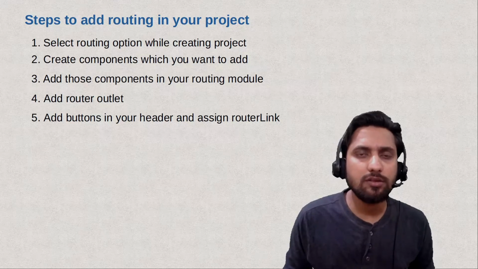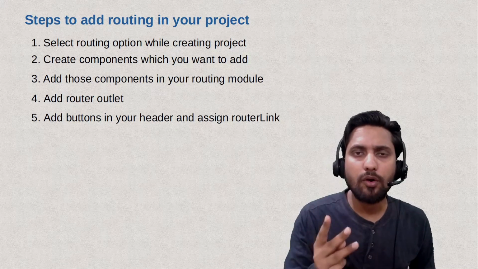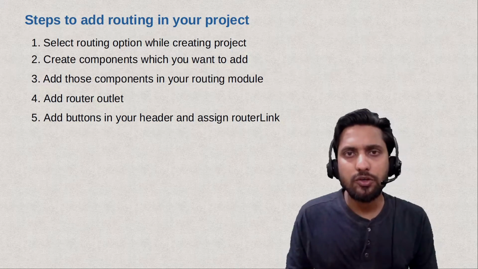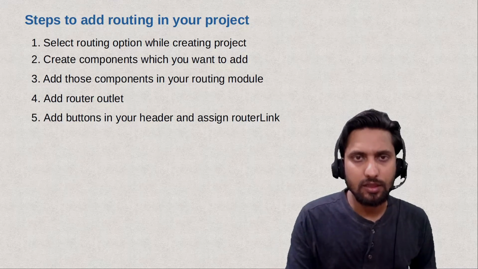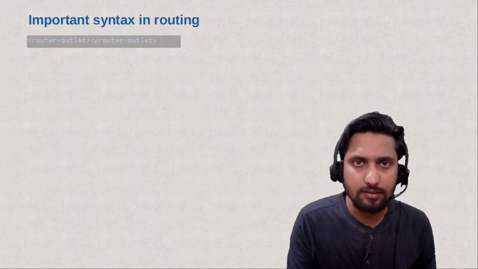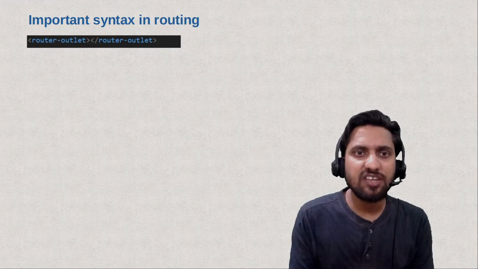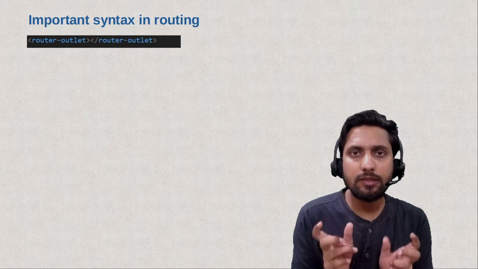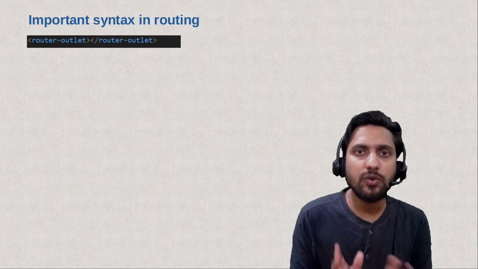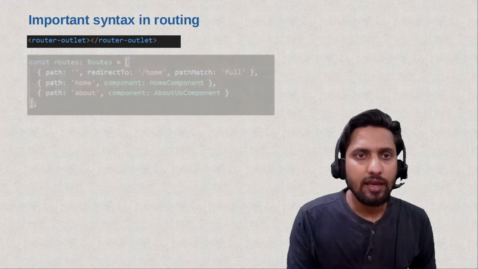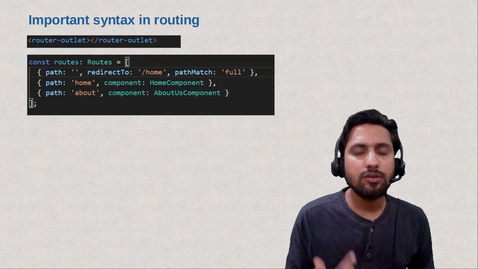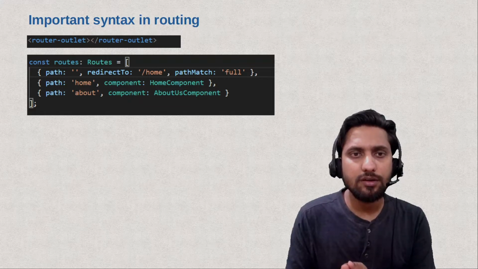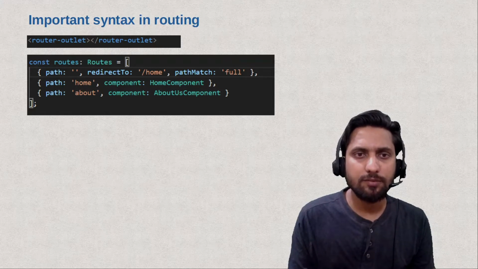Now there are 3 important syntaxes which you should know before jumping to the practical example. Let's talk about those syntaxes. The first syntax is the router outlet directive. As I have told you, this is the area where we are going to navigate. The second part is the routes array, where we can give the path and component in objects.